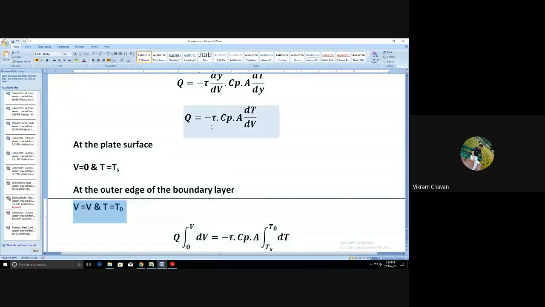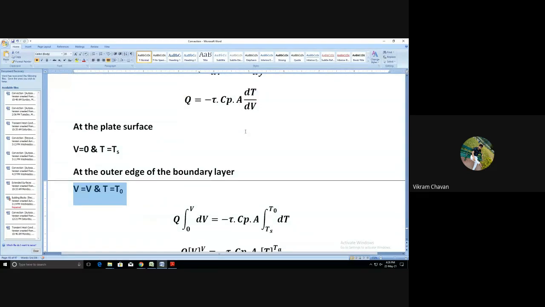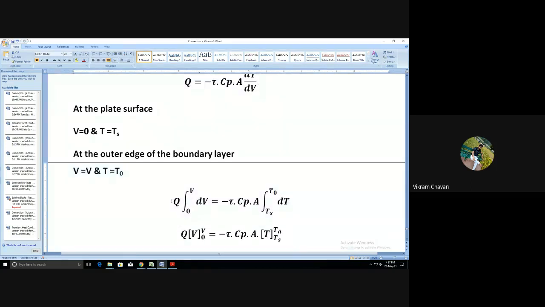Further we have to consider this equation and separate out the variables, so that the integration part will be simpler. So dv we have transferred to this side, and dT we have kept on the right-hand side only, so that we will get the equation. And if you apply the integration, then we have to apply the boundary conditions that we have considered.